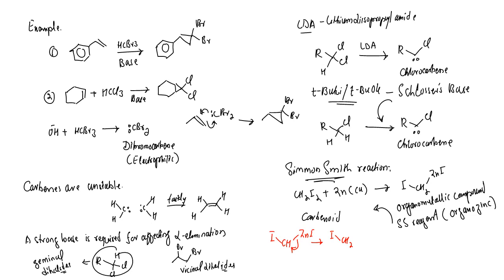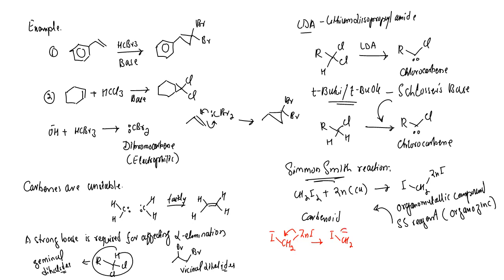This is CH2. Let me clarify it a bit. Here I have a CH2 group. When the zinc leaves, it usually donates its bonded pair of electrons to the carbon atom.